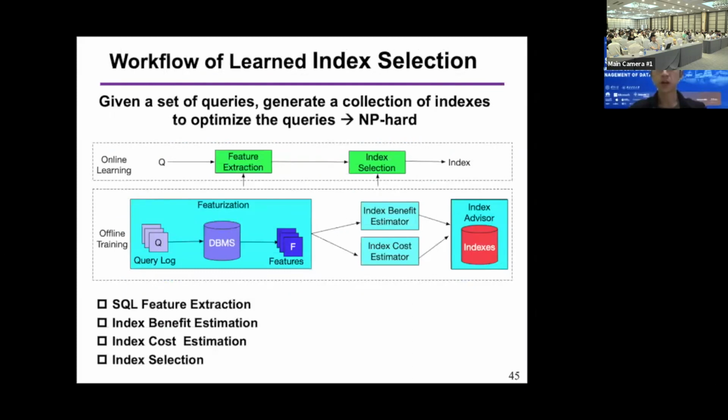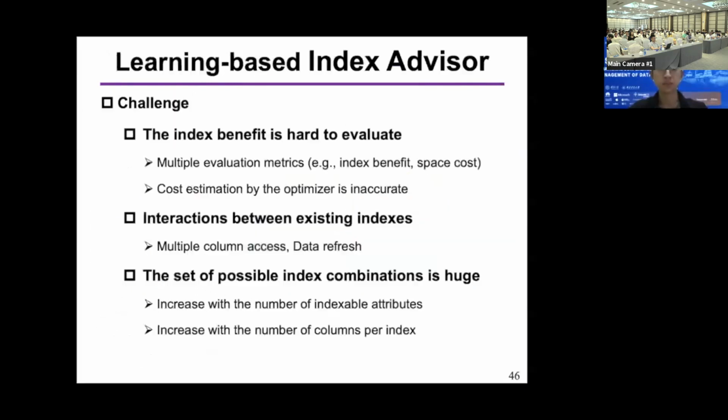Given a set of queries, you need to generate a collection of indexes to optimize the execution of queries. So it mainly includes 4 modules: query feature extraction, index benefit estimation, index cost estimation, and index selection. And we can see there are many challenges in each module of index selection. First, it's hard to estimate the benefit since there are multiple factors like execution time and the space budget.